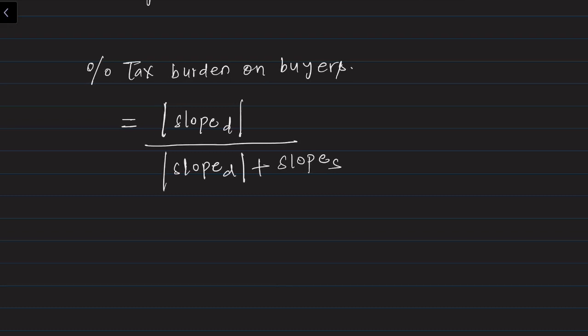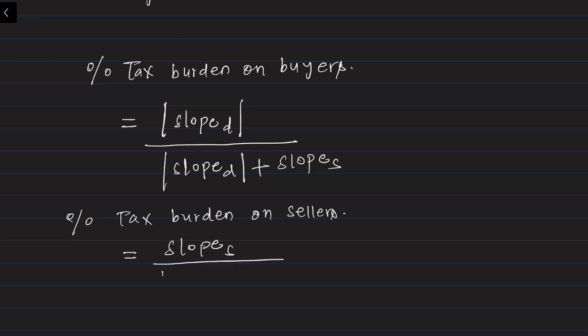And for the percentage tax burden on sellers, we have the slope of supply divided by the absolute value of the slope of demand plus the slope of supply. So these two are the formulas for the percentage tax burden.